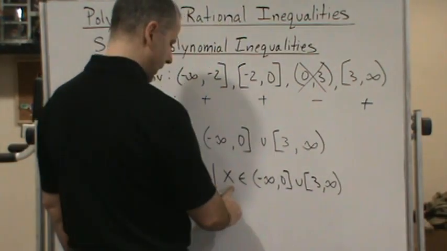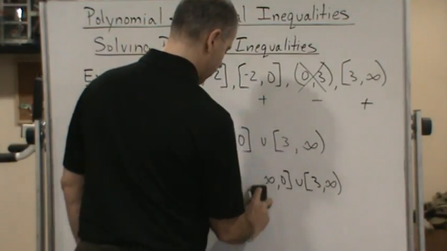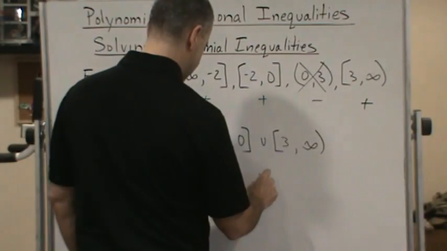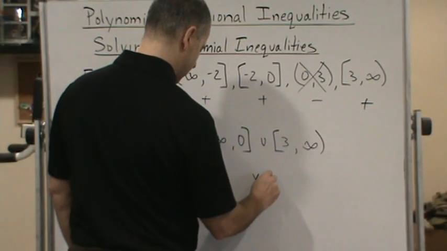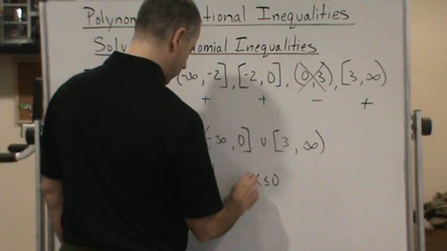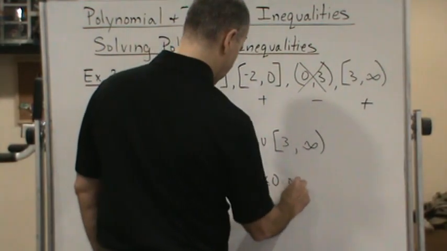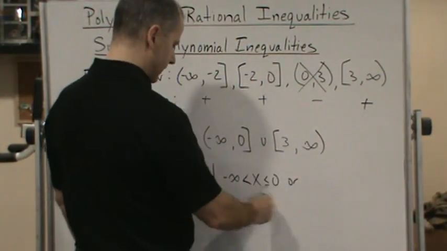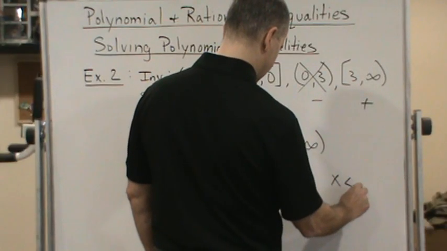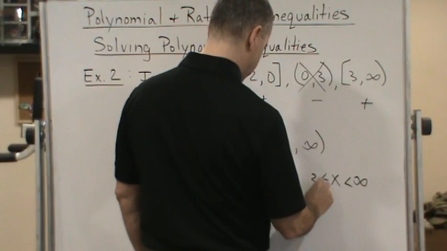Right? So we could write it as an element of that, or we could write that x is less than or equal to 0, or x is greater than or equal to 3 and less than positive infinity.